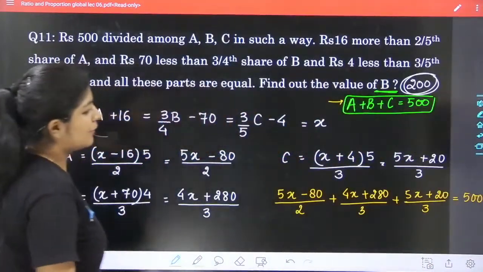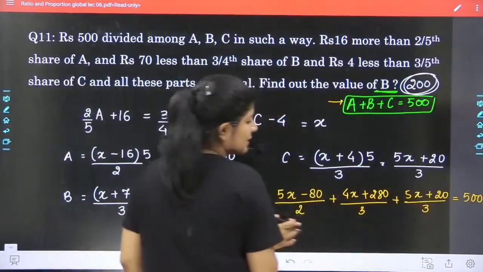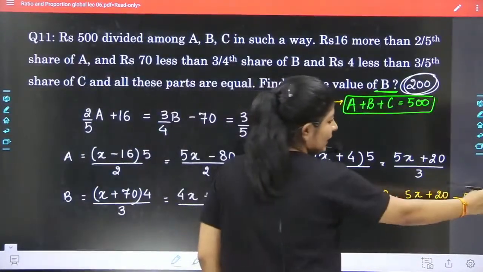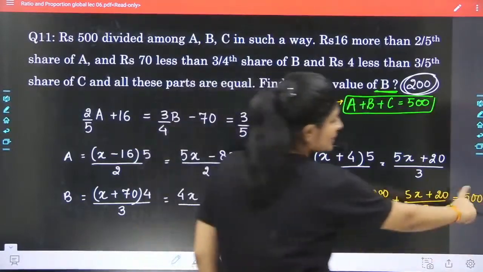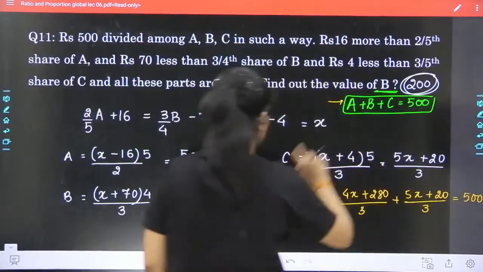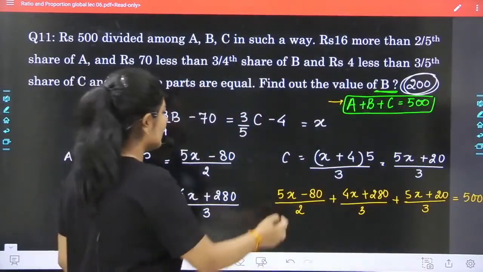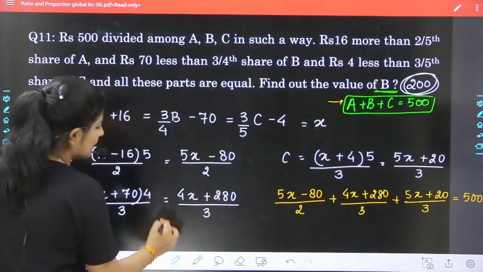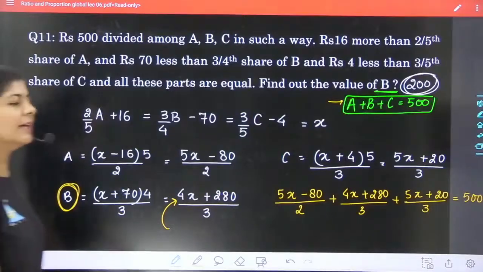Right? What I do is take the LCM. LCM is equal to 6, and we shift 6 over here, and this term will become 3000. Then I calculate the value of x and put that value of x in this equation to calculate the value of B. Clear?